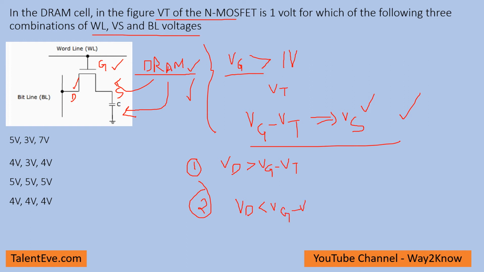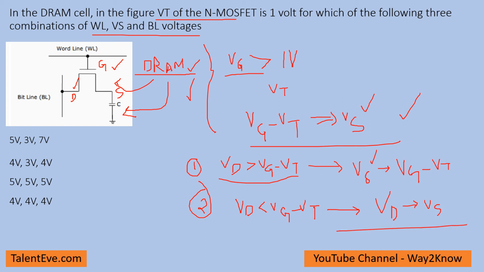Now when the drain voltage is greater than Vg minus Vt, that means the Vs gets applied with Vg minus Vt straight away. Vs is nothing but the source voltage to which the DRAM capacitor is connected, and when Vd is less than Vg minus Vt, Vd will be directly applied to Vs. So the combination is just for a student level to remember: the lowest voltage is what drives the capacitor voltage, the lowest voltage between the drain and gate.